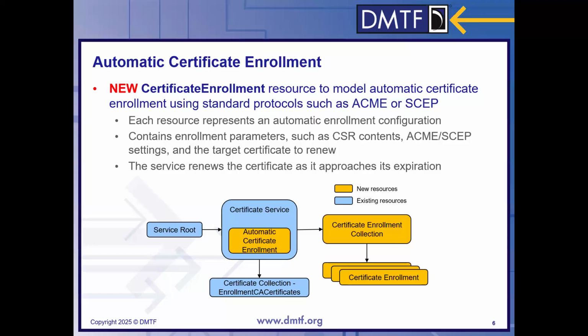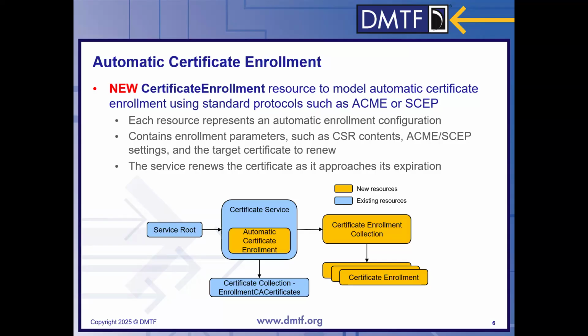So going into automatic certificate enrollment, this is where we have new resources defined to support this capability. Certificate enrollment is a resource that's used to facilitate automatic certificate enrollment using a standard enrollment protocol such as ACME and SCEP.